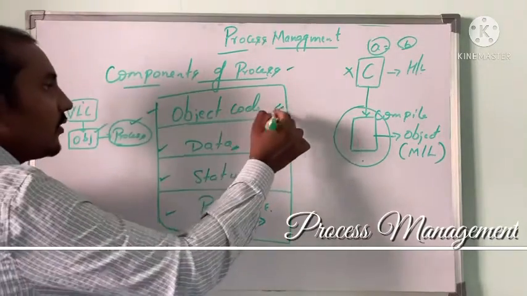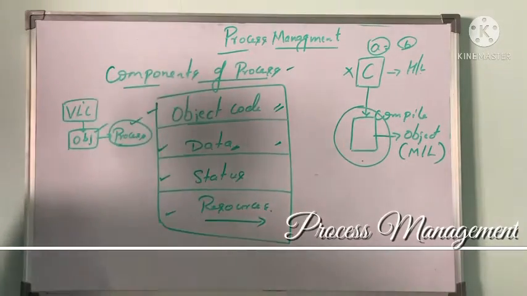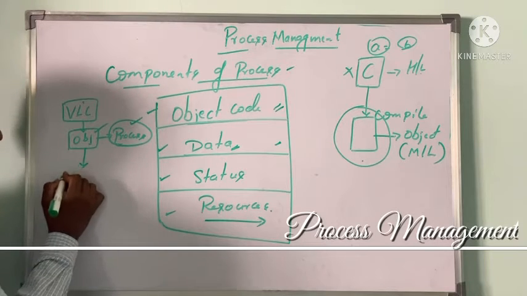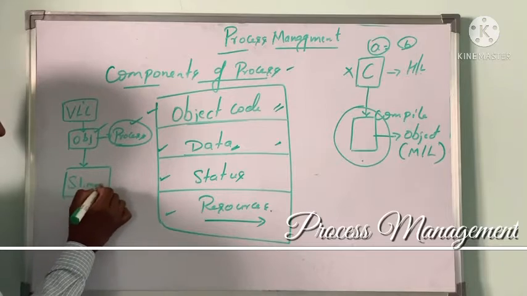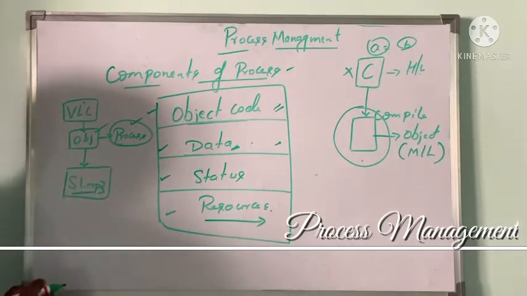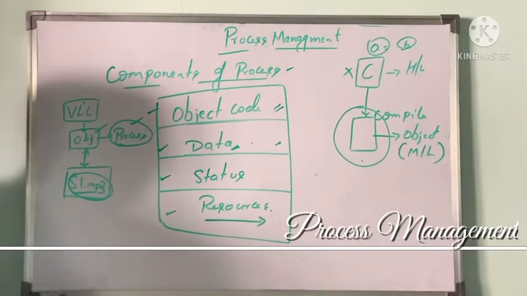That is first, the object code. Second, data. What is data? Say for example, if I am going to play a song, some song called song1.mp3. This will be the data that will be used by this object code. This object code is going to use a file called s1.mp3.